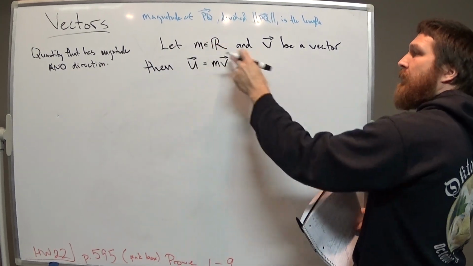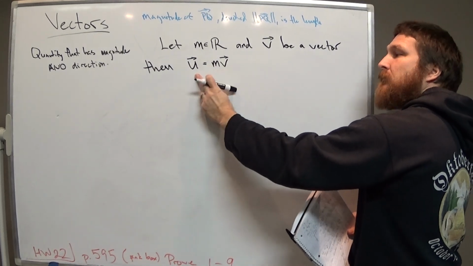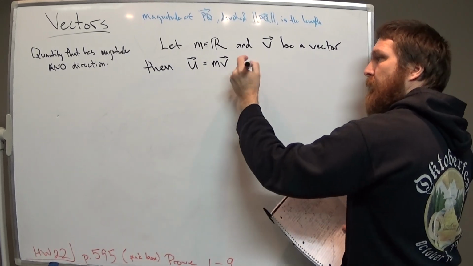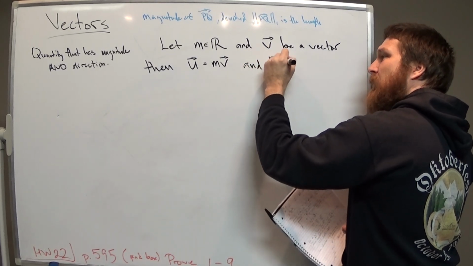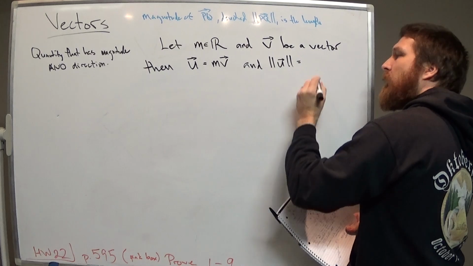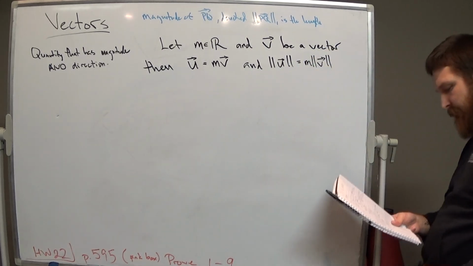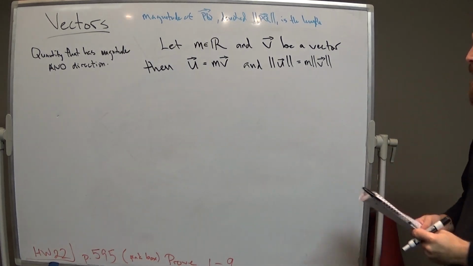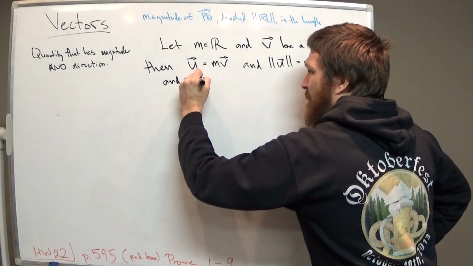Let M be a scalar and V be a vector. Then M times V is a vector, we're going to call it U. And the magnitude of U is equal to M times the magnitude of V. And the direction is the same.